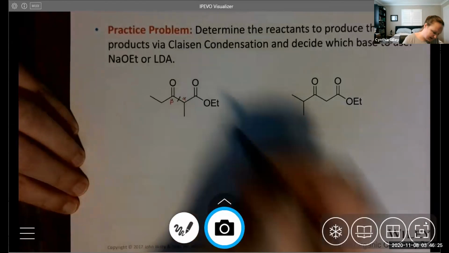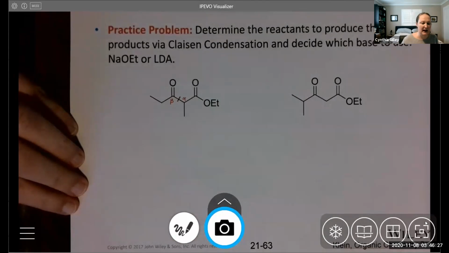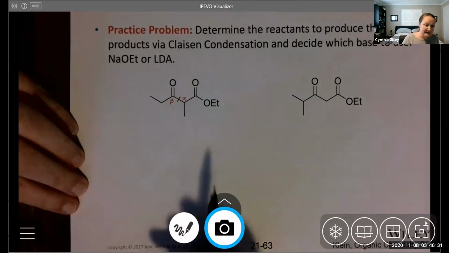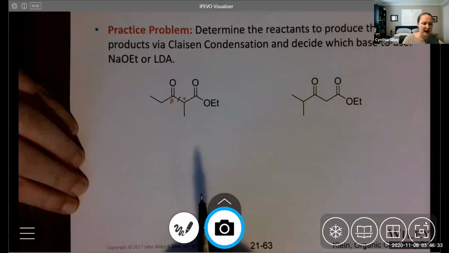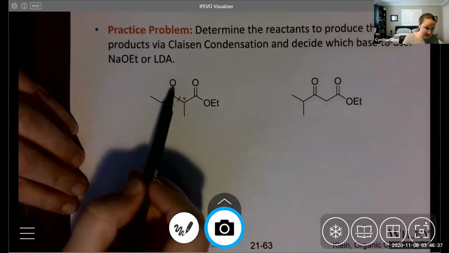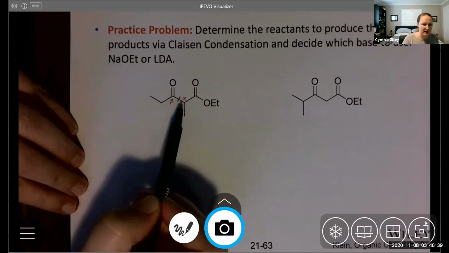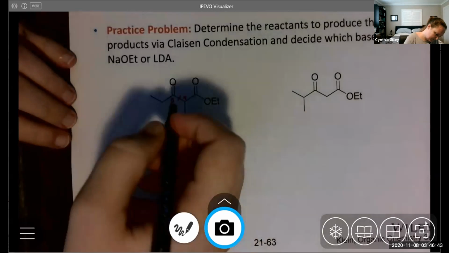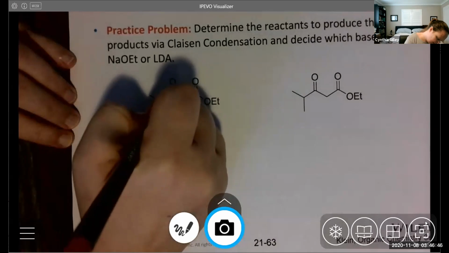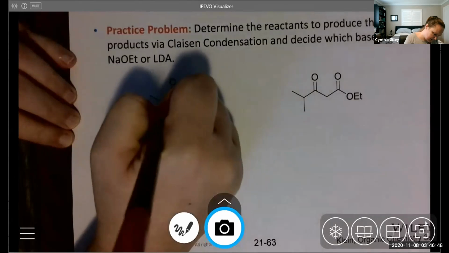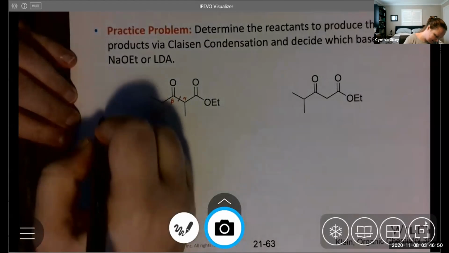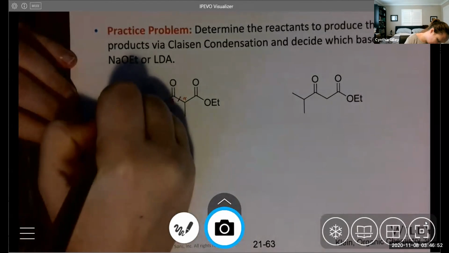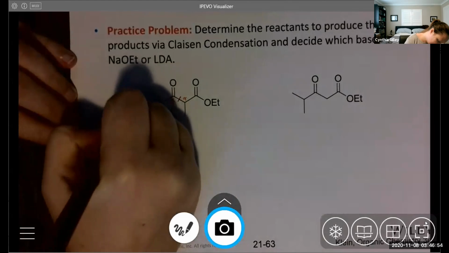So we're going to just take note of the fact that we'll be making that particular carbon-carbon bond. Because the reactants are both esters, we need to convert this beta carbon into an ester as we are thinking retrosynthetically here. So for going backwards, we are going to simplify this to two esters.